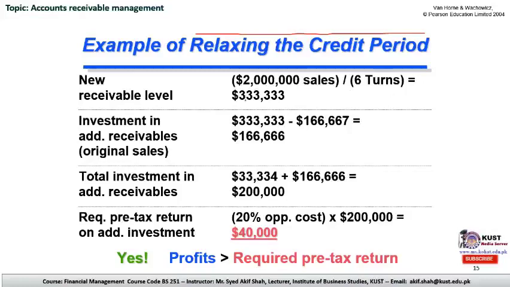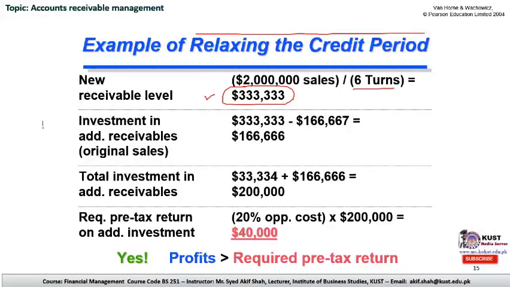That is, they are also utilizing the time value of money phenomenon, and they are trying to use delaying tactics. So therefore our account receivable turnover has changed to 6. Therefore the new account receivable in our original sale is now $333,333. So this is basically our new account receivables level for our original sale.